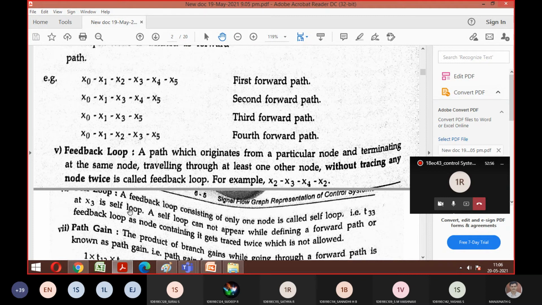Is it fine with the self loop concept, everyone? Loop means it should be a closed path. Self loop means it should be inside your feedback loop, but it should not touch more than one node. You should be very, very careful about that condition and remember it. Is it okay? Shall I proceed?